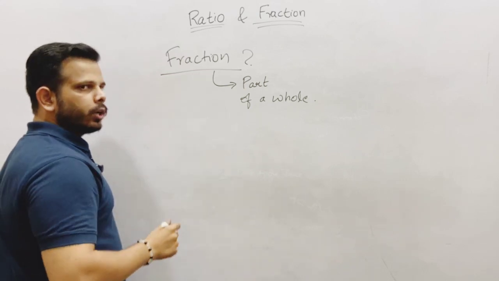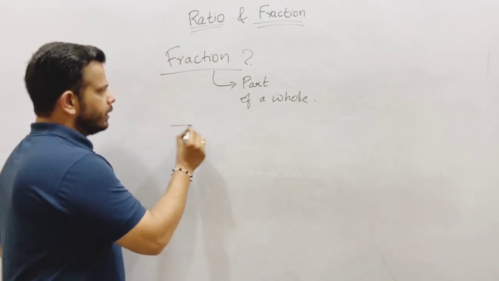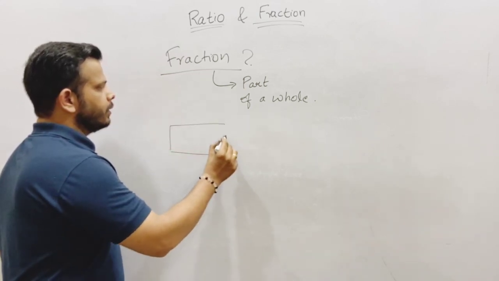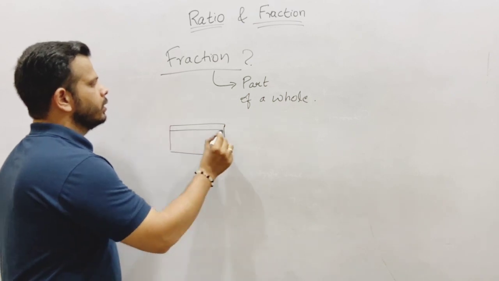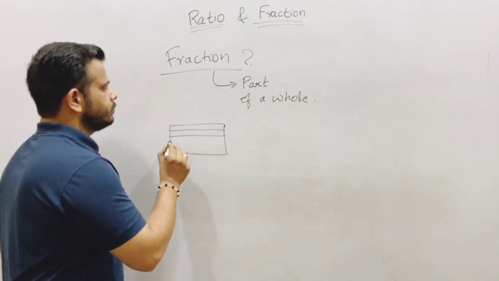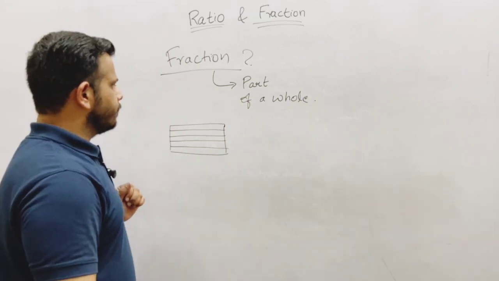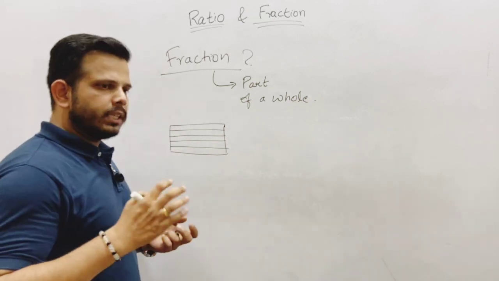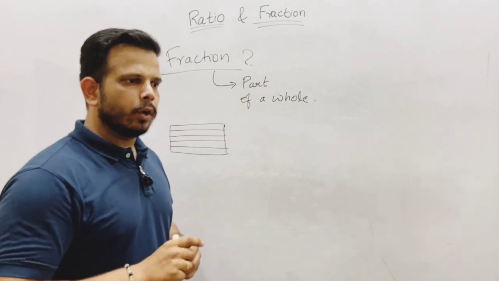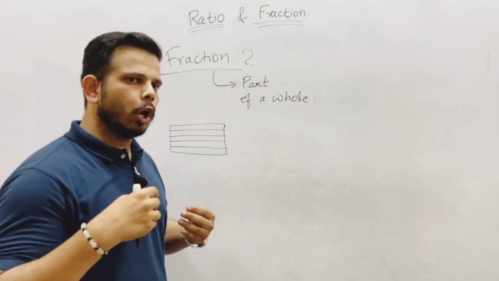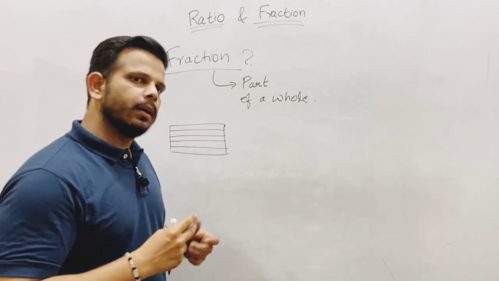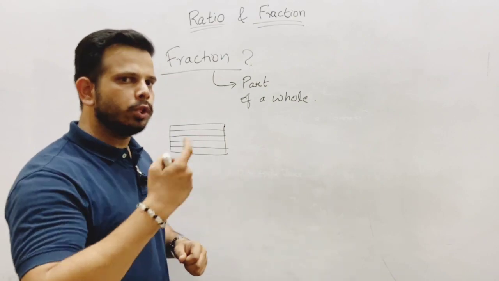I like Kit Kat chocolate. Let me take a little bigger Kit Kat chocolate. We both are studying. I am teaching you math. You brought a Kit Kat chocolate for me. I took it, but I want to share with you.